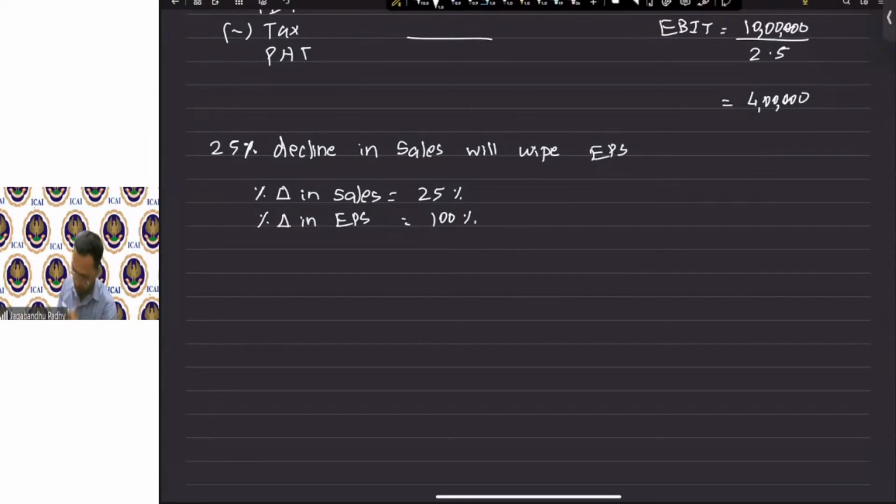So what is the impact of this? Which leverage can we say is getting connected with sales and EPS? If I want to connect the top line and the bottom line, which is the leverage we can refer to?